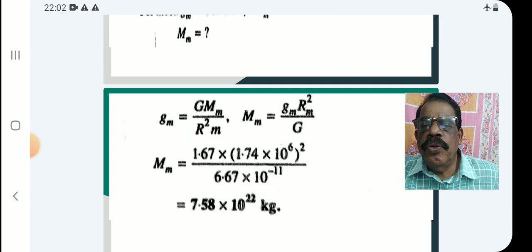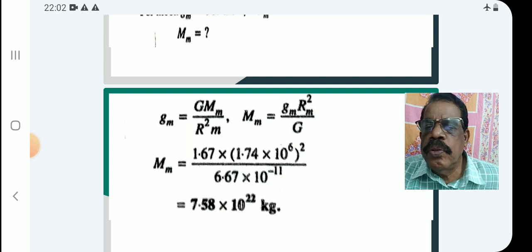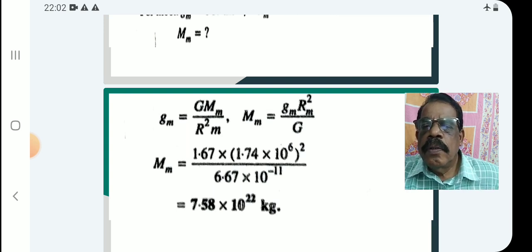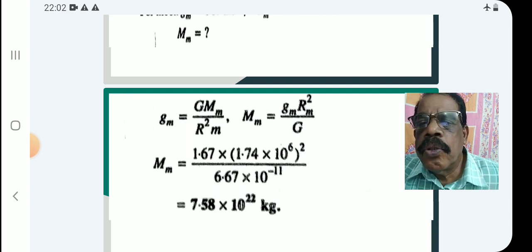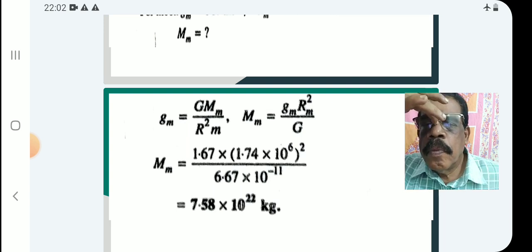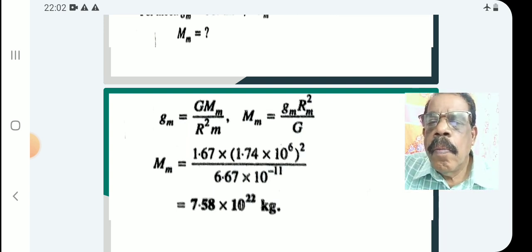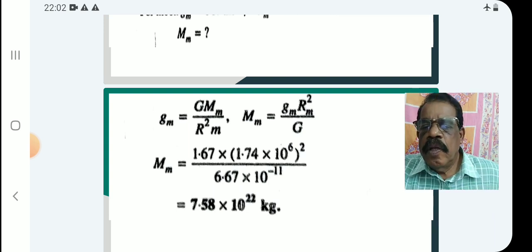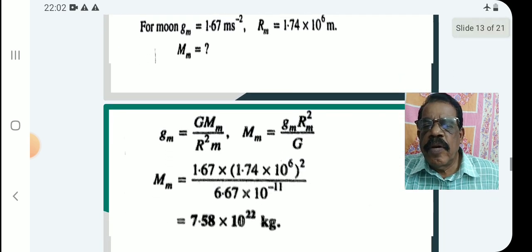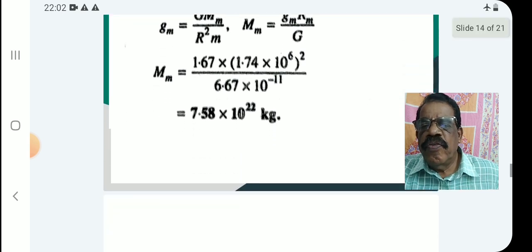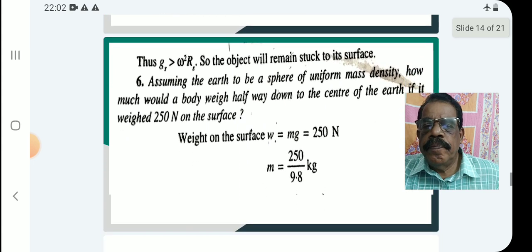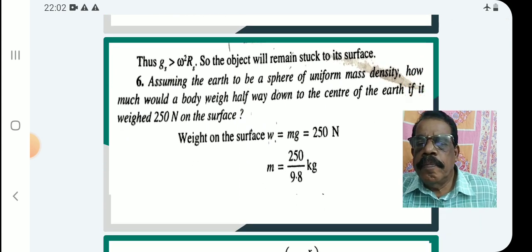Mm is gm into Rm square by capital G. That is Mm is equal to gm into Rm square by G. gm is 1.67, Rm is 1.74 into 10 raised to 6, square, by capital G. We get 7.58 into 10 raised to 22 kilogram. Next problem.